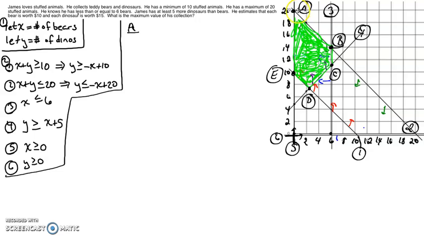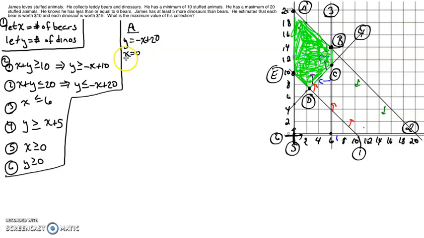So for point A, the two lines that go through point A are line 2, which becomes y is equal to negative x plus 20. See how I changed this to an equal sign? And the second line is this one here, which is line 5, which is x equals 0.